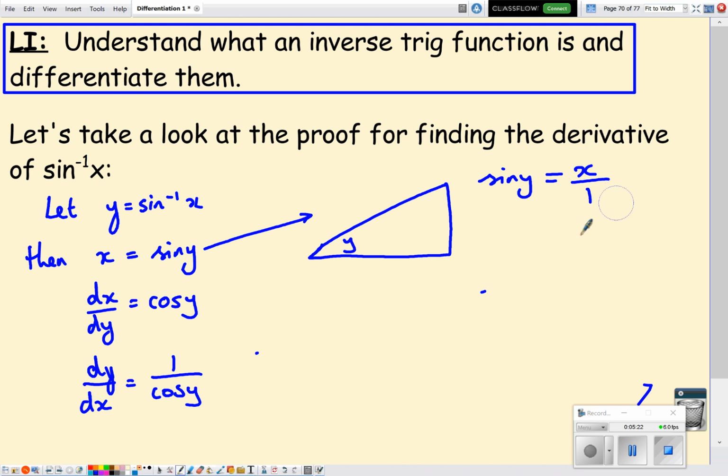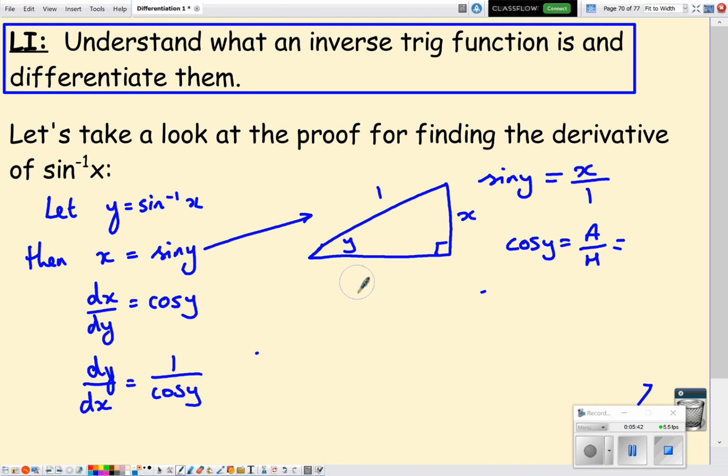That's the opposite over the hypotenuse, that's x, and that's 1. That would let you get an expression for the cos of y being adjacent over hypotenuse. Well, what's the adjacent side? Work it out using the same way you would work out any missing side to a right angled triangle.